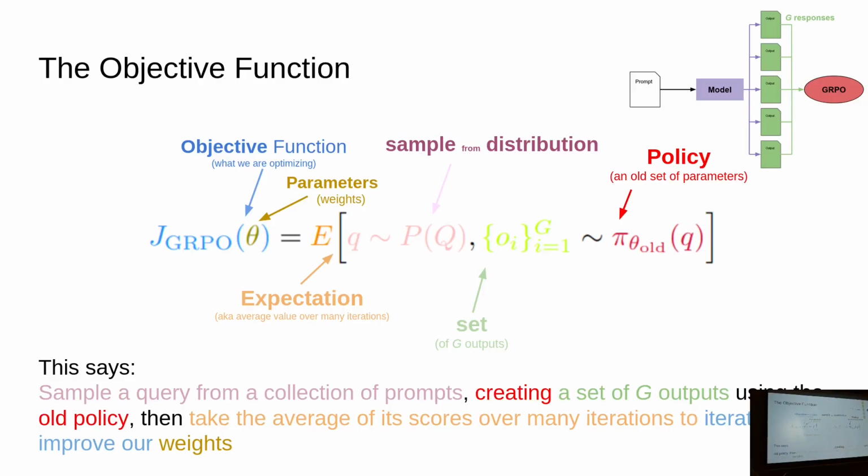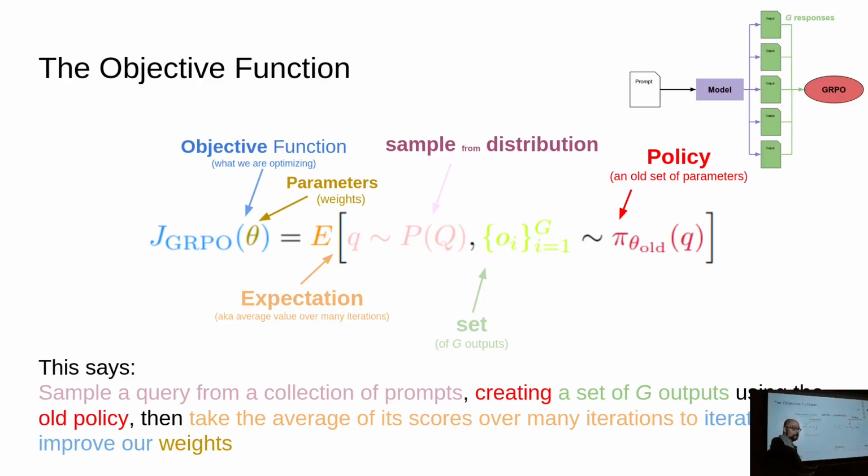So let's walk through it again, but this time with the explanation. This is saying sample a query from a collection of prompts. Here's our prompt. We're going to sample that query from it, and we're going to generate a set of responses to it, creating a set of G outputs using the old policy. Then take the average, which is what expectation actually means, fancy word for just take the average.